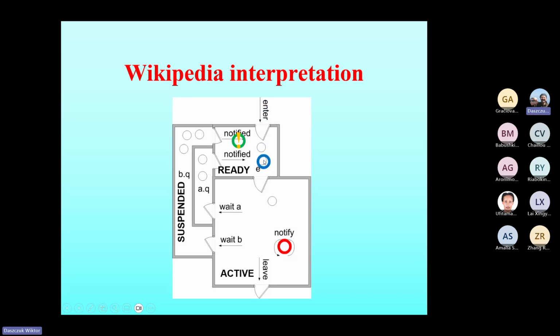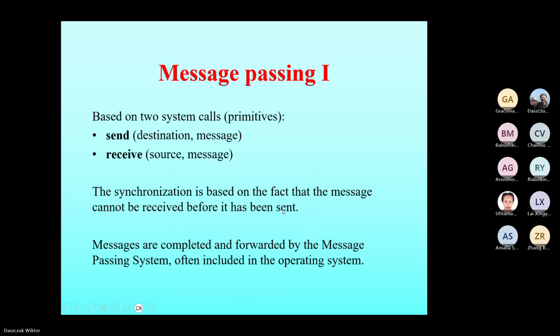Another process can enter the ready state, waiting for the critical section. If the red process goes out of the monitor, the notified process enters the critical section with privilege over other processes waiting.